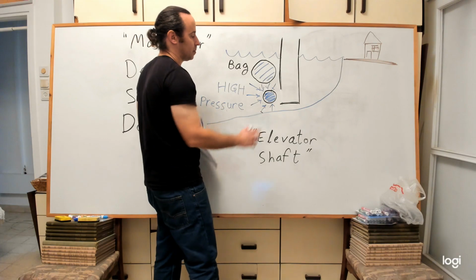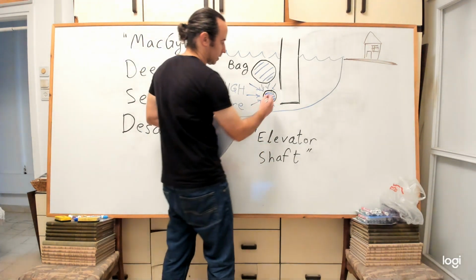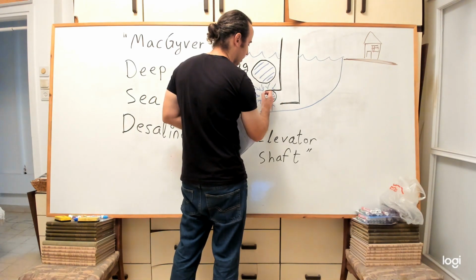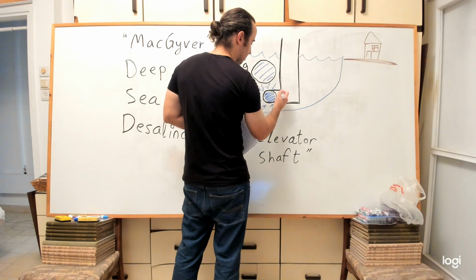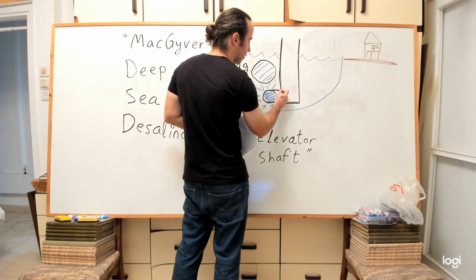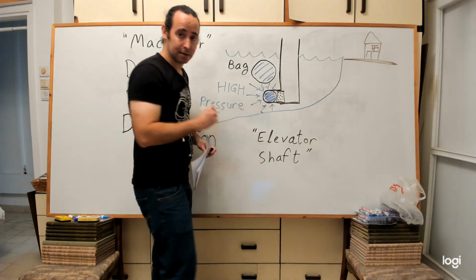Before we open the door, we can attach the bag of water, and before we open the bag of water, we can put here a new membrane. This is the filter, the sieve.